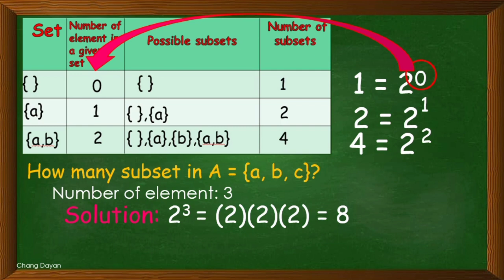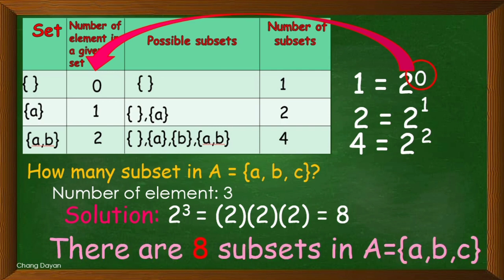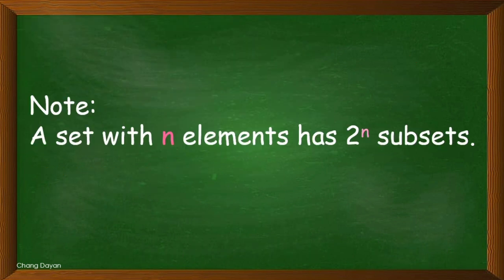Yung 3 doon, sa exponent, ay galing sa number of elements. So, meaning, imumultiply mo ang 2 ng 3 beses sa kanyang sarili. So, 2 times 2 is 4, times 2 is 8. Note, a set with n elements has 2 raised to n subsets.